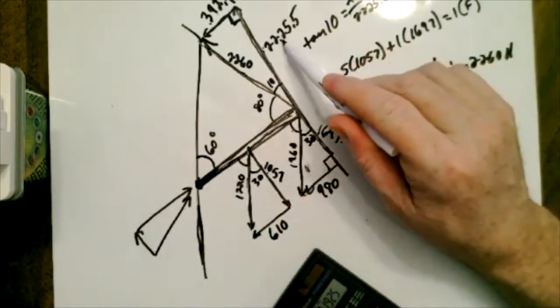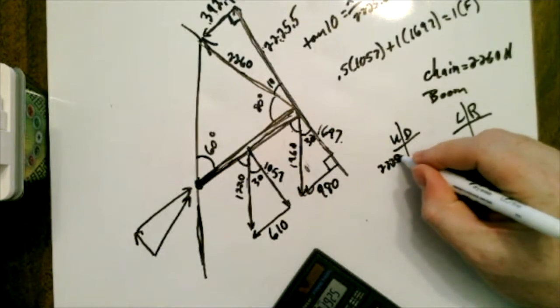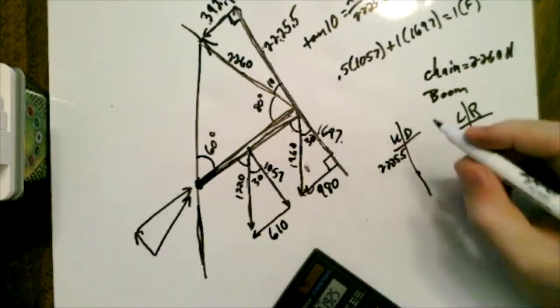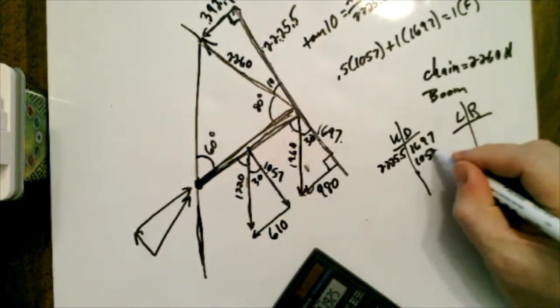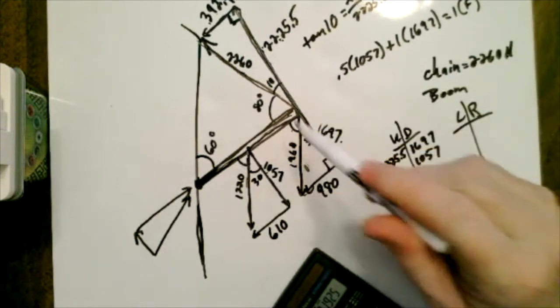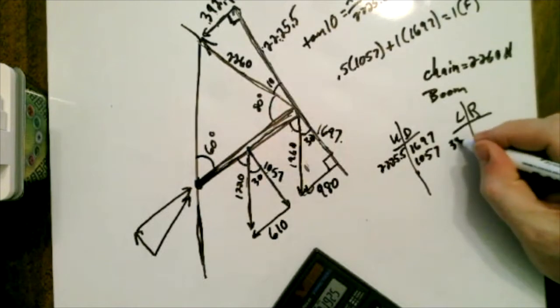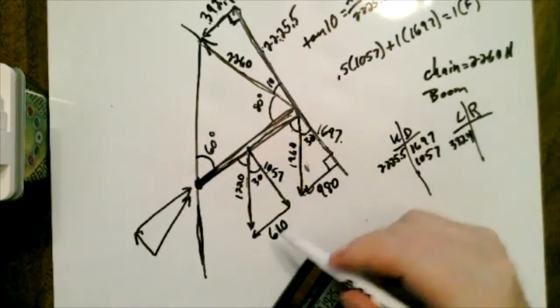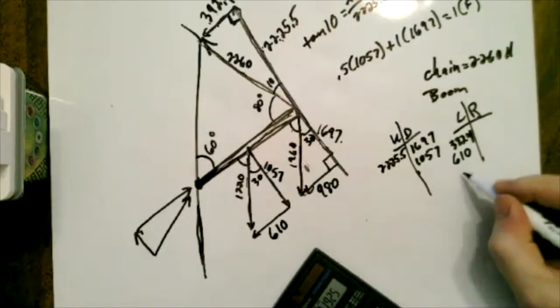So I have an up here of 2225.5. I have a down of 1697. I have a down of 1057. For lefts and rights, I have a left up here, 392.4. But I have a right down here of 610. And I have a left here of 980.